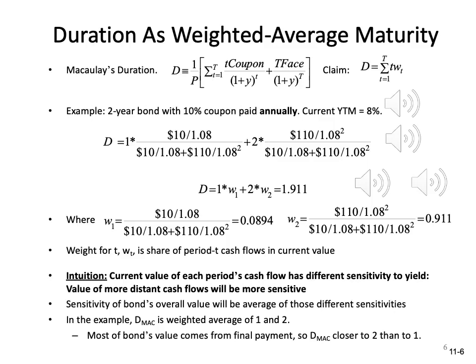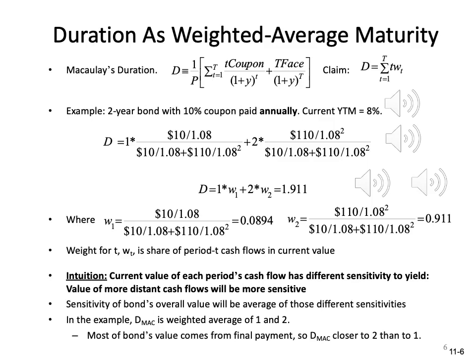So in the first year, you receive the $10 coupon payment, discounted back to time period 0, which is $10 divided by 1.08. That is the discounted value of the first year's cash flow. In the denominator is the price of the bond. Okay, remember the price of this 2-year bond is going to be the 2 cash flows discounted back to time 0.